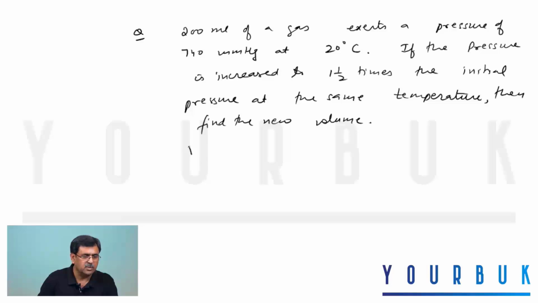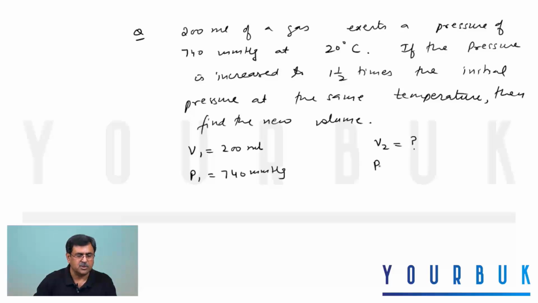Now the initial volume given is 200 ml. Our aim is to find the final volume. Now the initial pressure was 740 mm mercury, and the final pressure is 3/2 times the initial pressure. Now we apply Boyle's law that P1 V1 is equal to P2 V2.